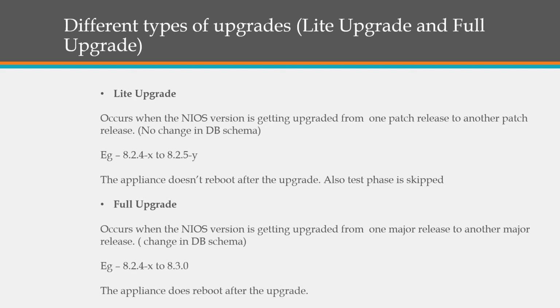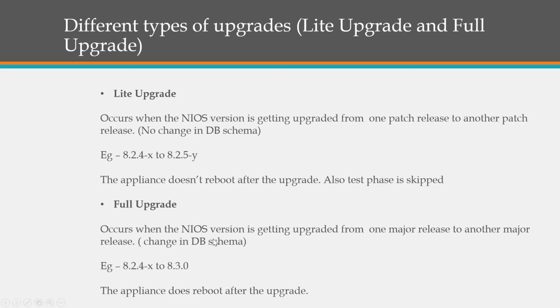While doing a Lite upgrade, the appliance doesn't reboot after the upgrade is complete. And also, there is a stage called test, and I will explain to you what the different stages are toward the later part of this video. But as of now, understand that this test stage or phase would be skipped for a Lite upgrade.